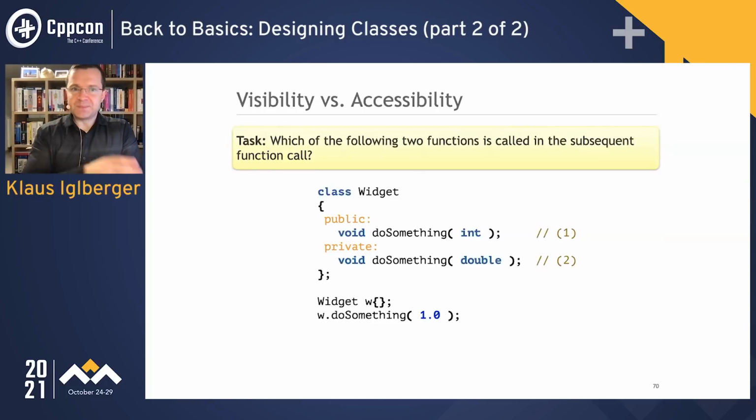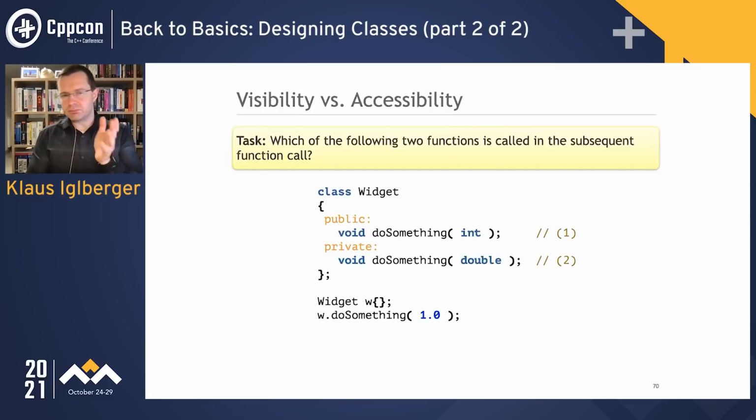Again, I have a widget, and this widget has two functions that are called doSomething. The first doSomething function is in the public part of the class. It takes an int. That's what I call function 1. And I have another doSomething function in the private section of the class. That one takes a double, and I call this function 2.